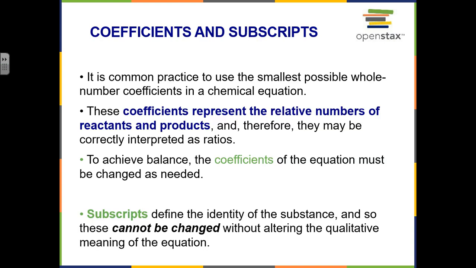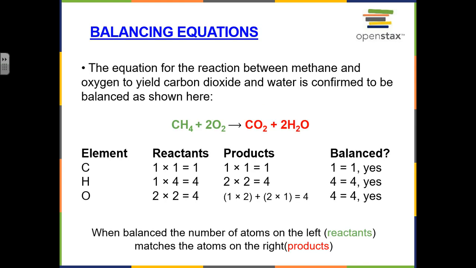So it's common practice to use the smallest whole number ratio when balancing chemical reactions, and we reaffirm that the subscripts are the numbers that define the identity of the substance, so we're not changing the subscripts. We're going to keep those numbers as is, but you can adjust coefficients. Let's walk through the process of balancing chemical equations.